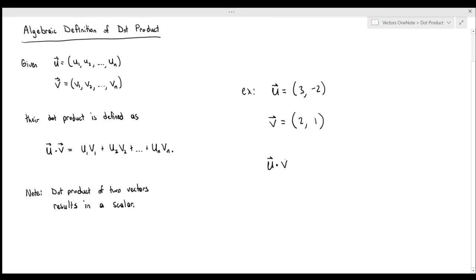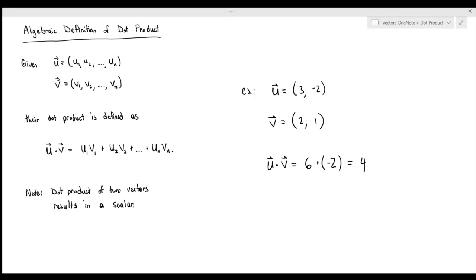To compute their dot product, I multiply their x components, so 3 times 2 is 6. And then multiply the y components, -2 times 1 is -2. And then I want to add those together. So in this example, the dot product between u and v would be 4, okay?